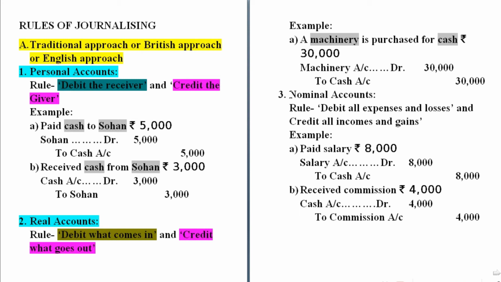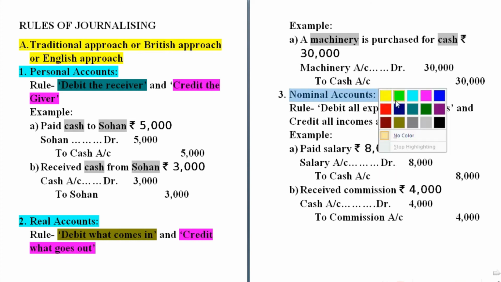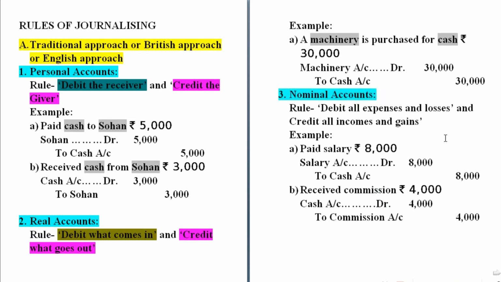Okay, now the next one, the third and the last classification according to this traditional British and English approach, is your nominal accounts. What are nominal accounts? Nominal accounts include all the expenses and incomes.